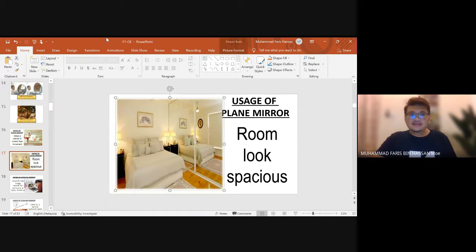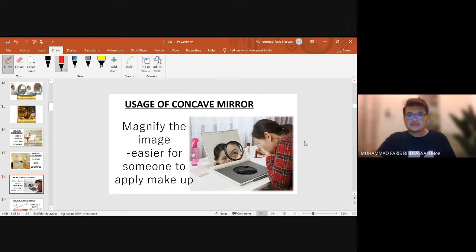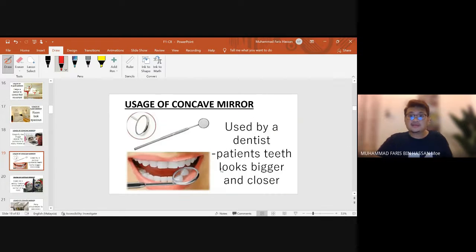For the concave mirror, which is cermin cekung, it is used to magnify the image, makes it easier for someone to apply makeup, and it is also used by a dentist, so the patient's teeth look bigger and closer.